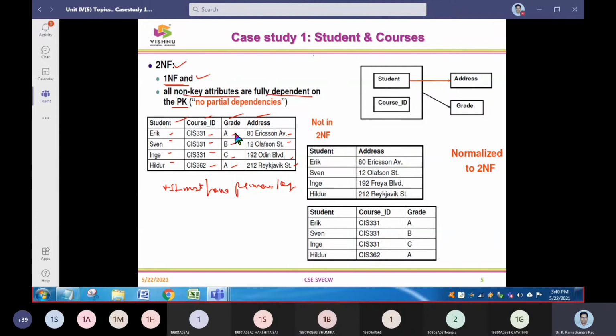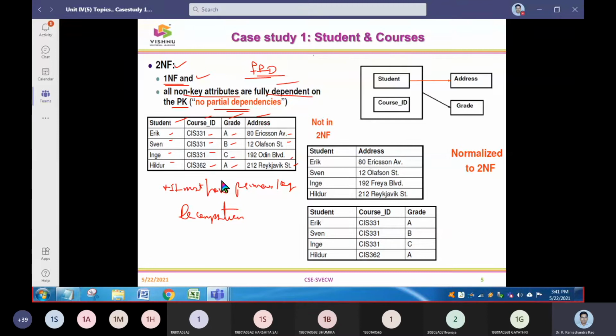Now you should understand, I have to go for decomposition. The reason is there is no relationship between the attributes student, course ID, grade. But how can I decompose it? You have to decompose it using functional dependencies, and that too fully functional dependency, no partial dependencies. So address and student are related, right?